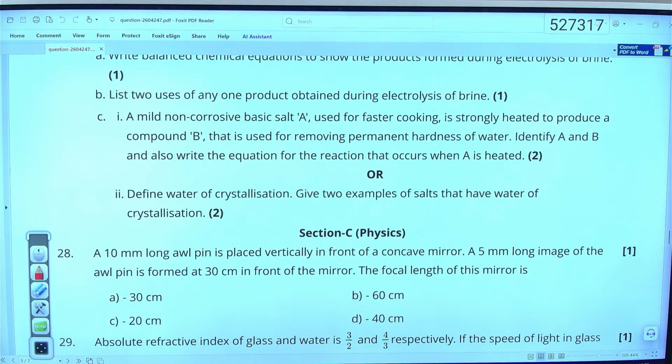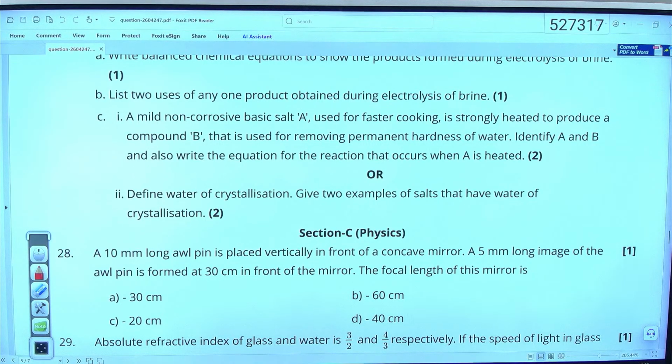Okay. Next, uses of NaOH: antacids, since mild bases can be used as antacids, neutralization, industrial use. Hydrogen's uses: fuel, hydrogenation process.